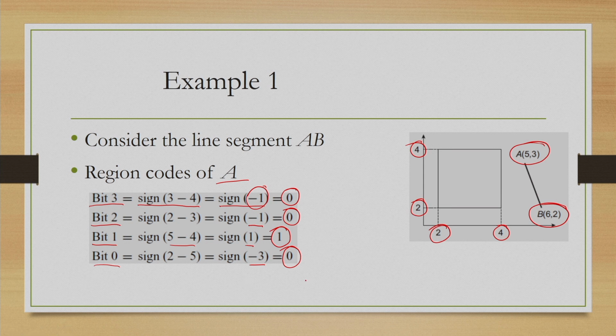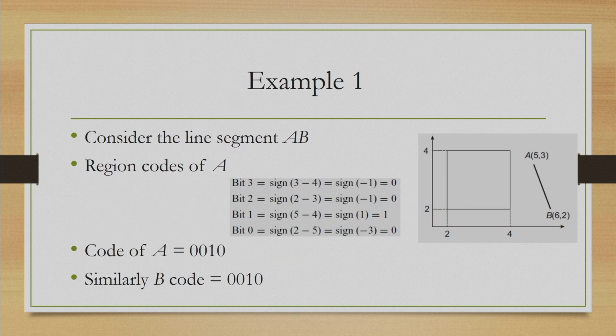So, our region code will be given by these bits, or 0 0 1 0. In a similar way, we can check for B, which is 0 0 1 0. It will be the same.